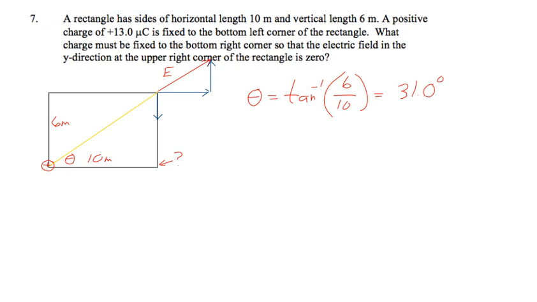So r is going to equal the square root of 6 meters squared plus 10 meters squared. Remember, c equals the square root of a squared plus b squared. So there's the a and the b. And if you solve that, what do you get for the r?